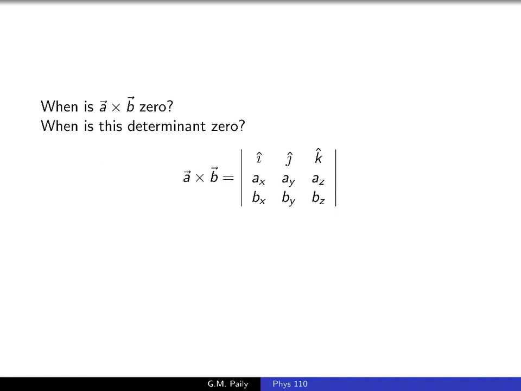For example, supposing we have bx is equal to 3ax, by is equal to 3ay, and bz is equal to 3az, so that this row is just 3 times this row. In such a case, A and B are parallel, and also the determinant is 0.